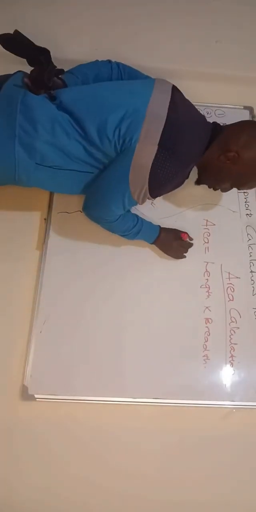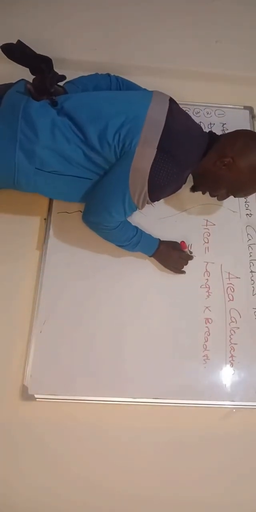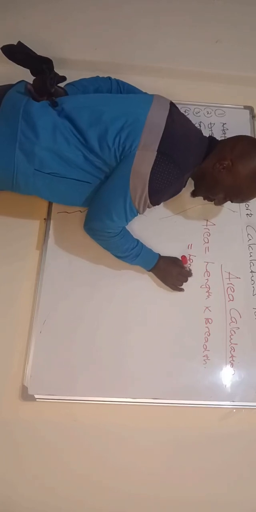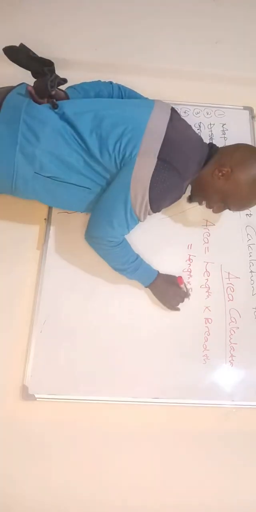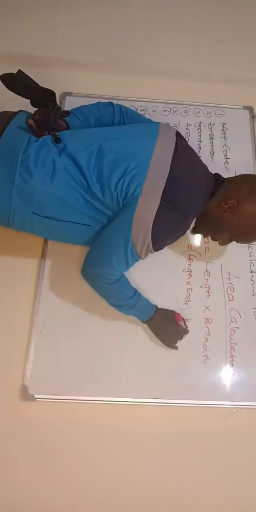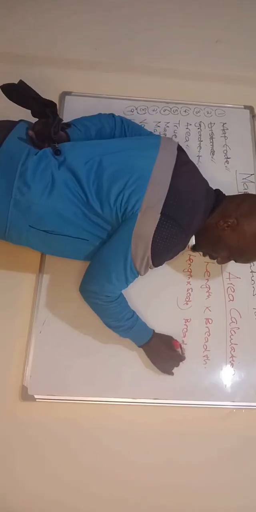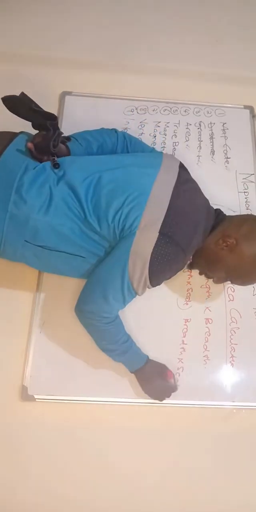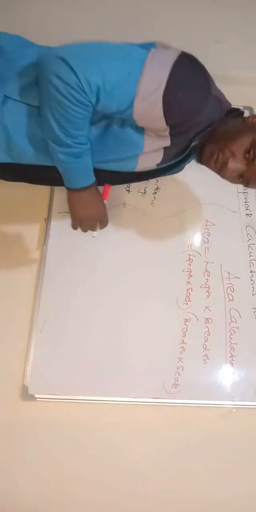The correct formula that you use when you're doing your calculation is length multiplied by scale, in brackets, then your breadth multiplied by your scale. That's how you do it. They usually give you only the formula that area is equal to length times breadth, but you will multiply your length times scale and your breadth times the scale.